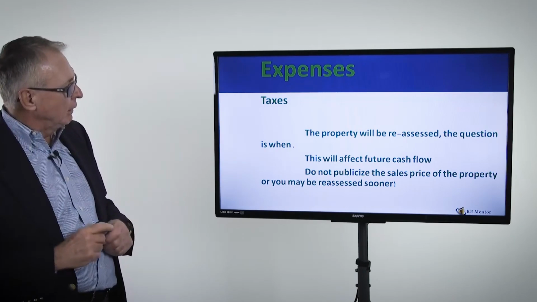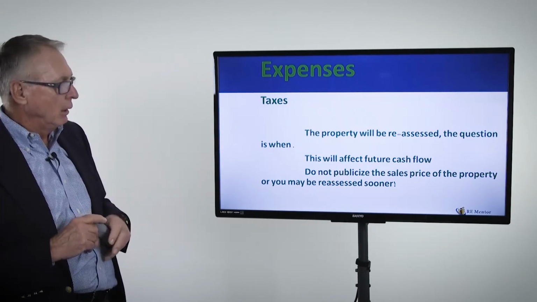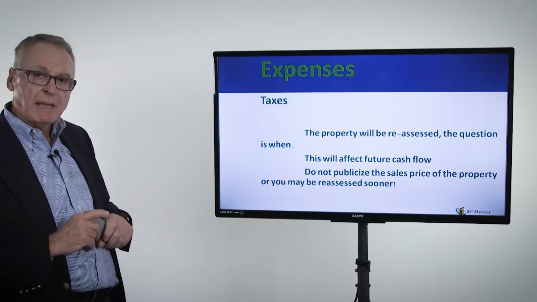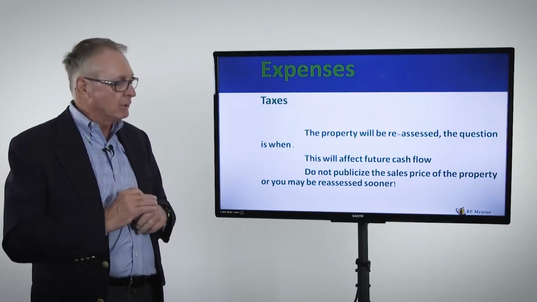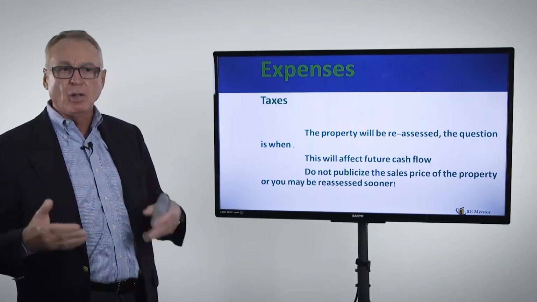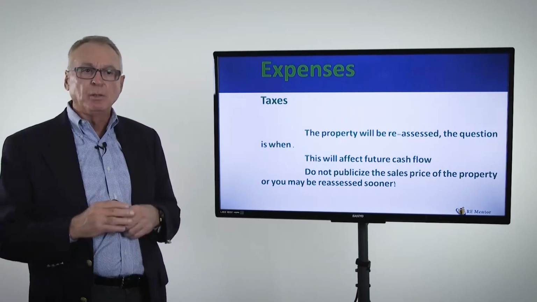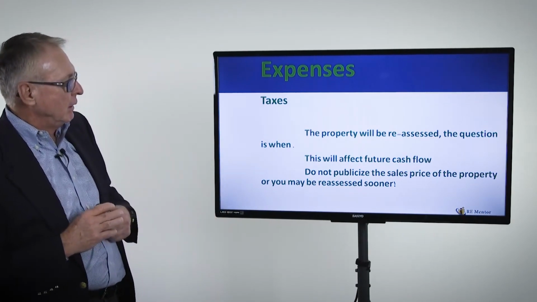Now, in some states the property will be reassessed, and sometimes it doesn't happen every year. For example, in North Carolina, where we own some property, it's done once every 7 years. Even though the state law says that the appraiser can appraise every year, it's typically done, pretty consistently, every 7 years.